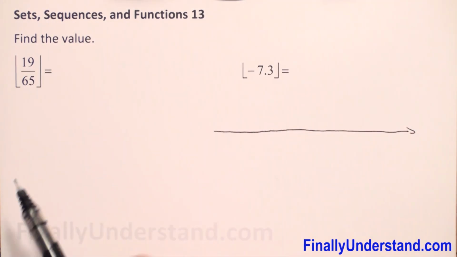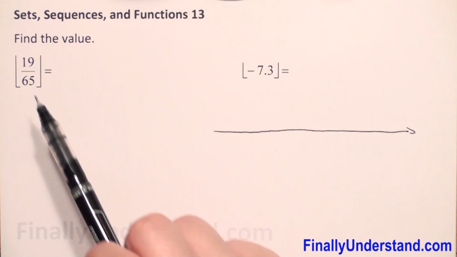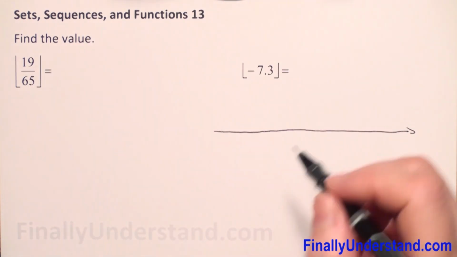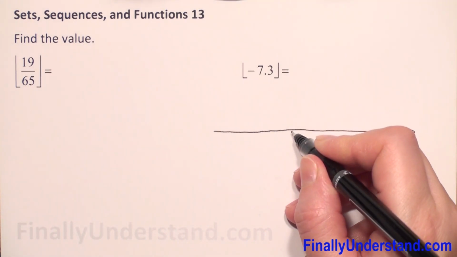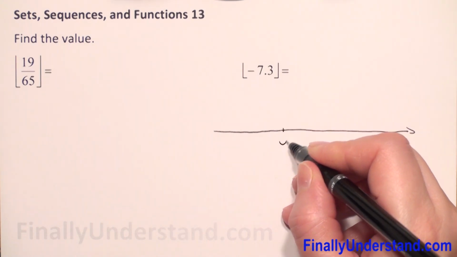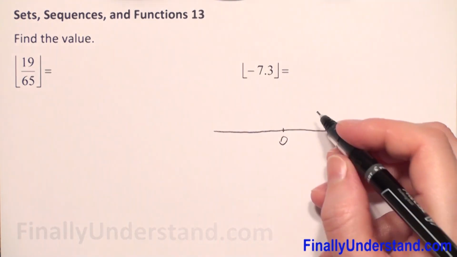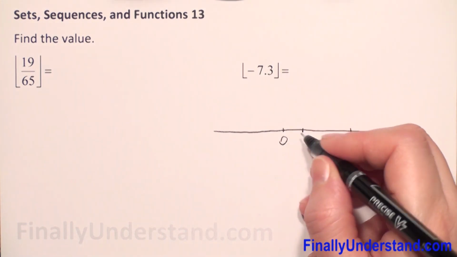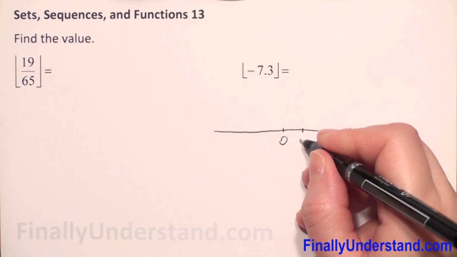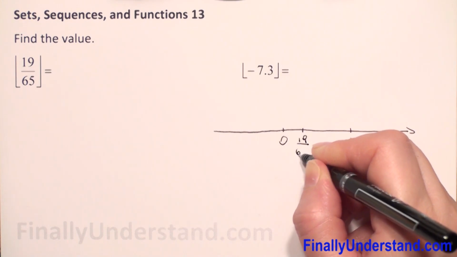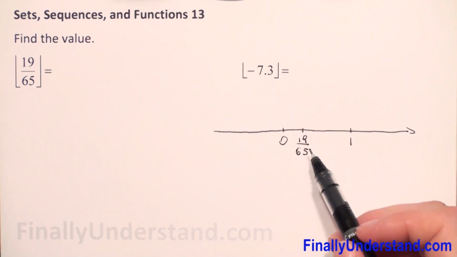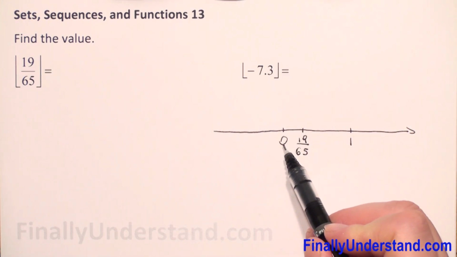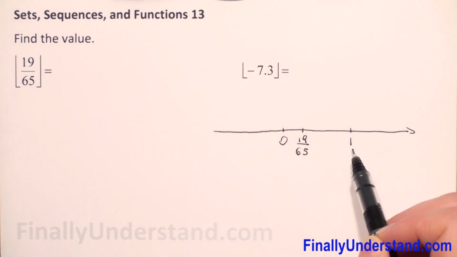In the first expression we have 19 over 65. This number is between 0 and 1. This fraction will be closer to 0 than to 1. We see that this fraction is between 0 and 1, and 0 and 1 are integers.